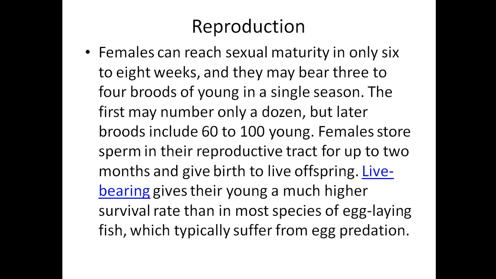See, the female can reach sexual maturity within only 6 to 8 weeks. In a year, they may bear 3 to 4 broods of young in a single season. The first brood may have only a dozen, but later broods include 60 to 100 young.